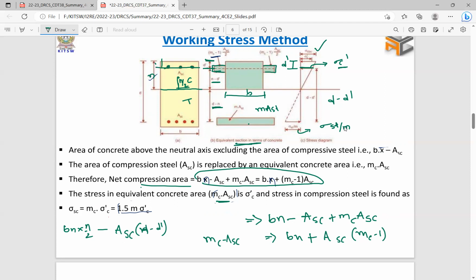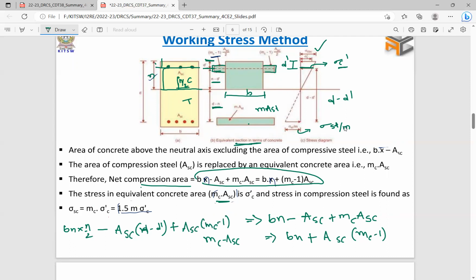From the neutral axis depth, subtract d dash, and this portion comes. n minus d dash plus the equivalent steel area in terms of concrete, that area is ASC.